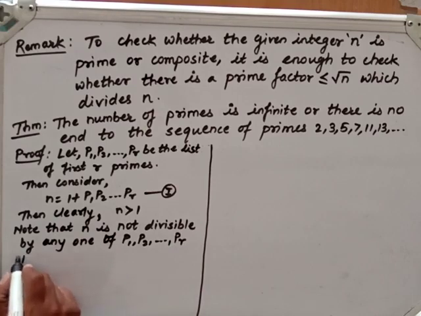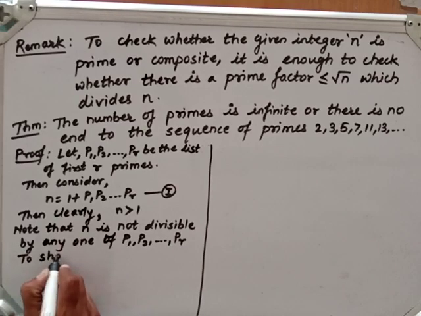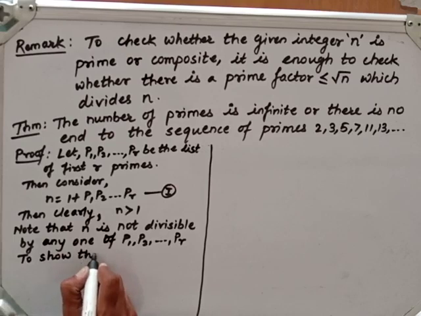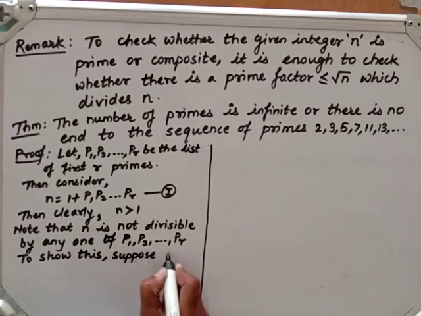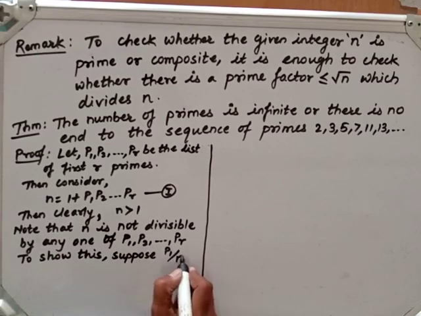To show this, let us use contradiction. Suppose P1 divides n.